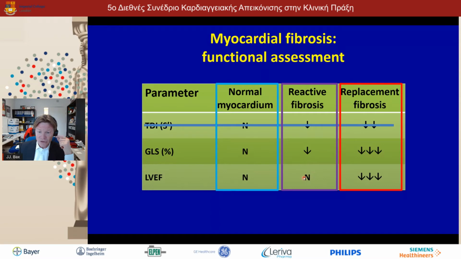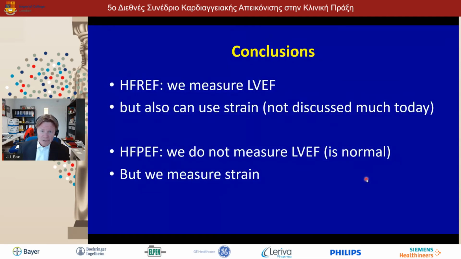The more this goes down, the more fibrosis is coming. If it gets a lot of fibrosis after acute myocardial infarction, but also in diseases that are there a long time, you see that then your ejection fraction is going down. It's a very simple talk if you look at it this way. Of course, there are lots of things that are not that simple, but in a way, if you think like this, you can understand and you know what you're measuring.